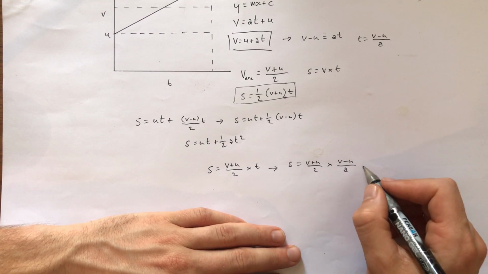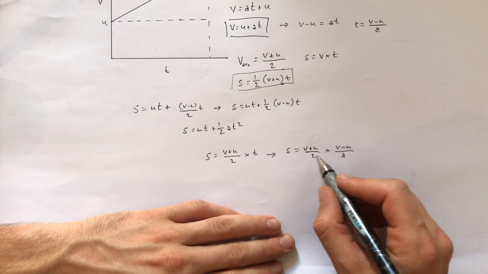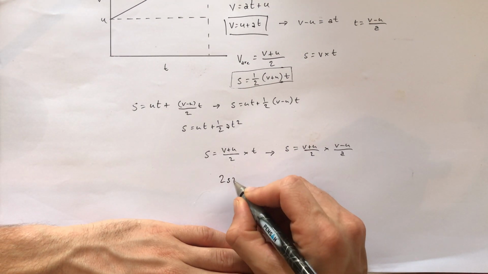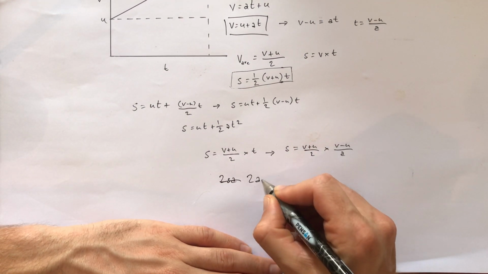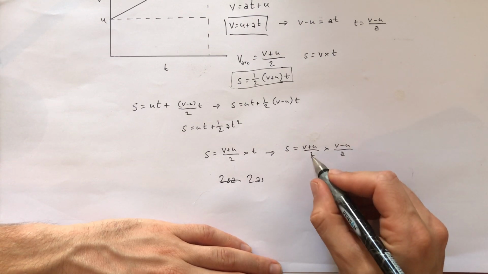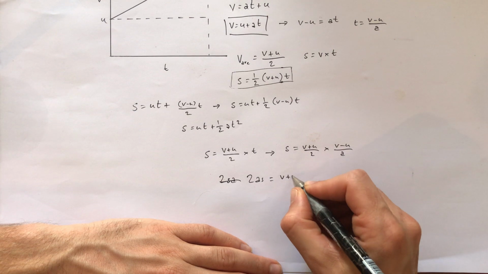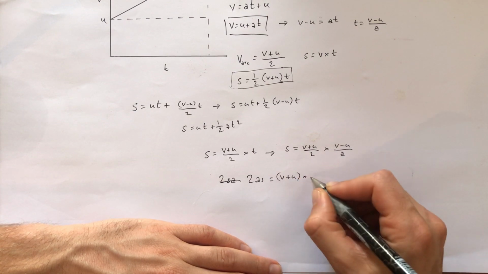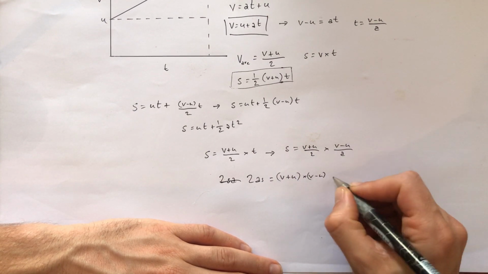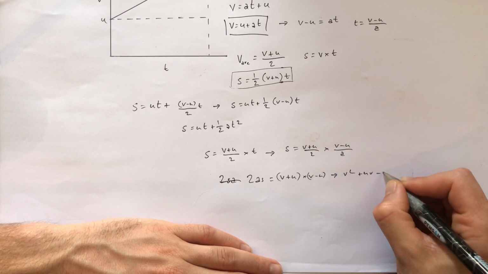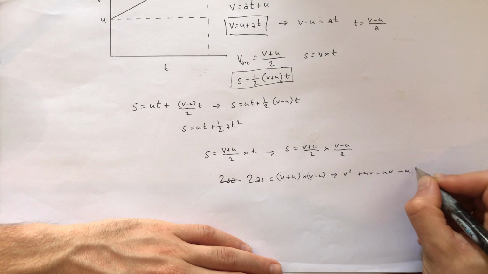These are being multiplied, so we can rearrange this to tidy up a little bit. So what we then get is 2sa, or 2as, that's the way they normally write it. So we multiply this in, equals (v plus u) times (v minus u). Expanding the brackets, we get v squared plus uv minus uv minus u squared.